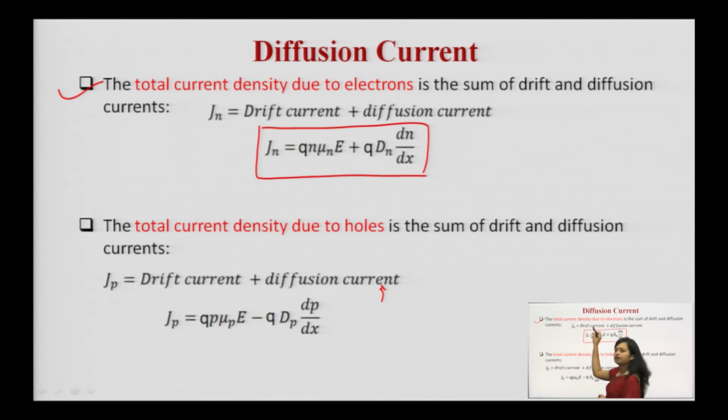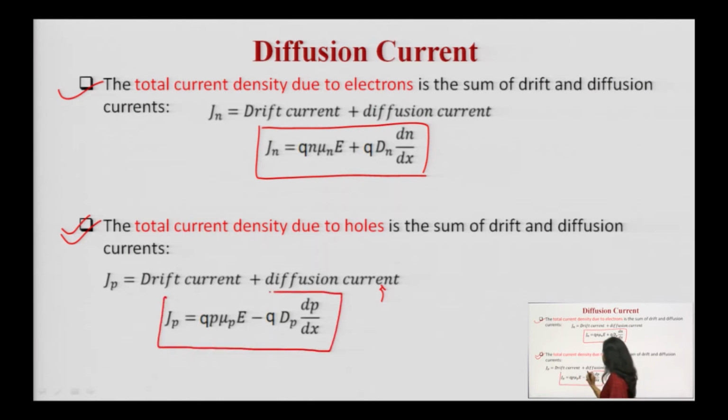The term for the drift current is Q into n into mu n into E. Q is the charge, n is the concentration of the electrons, mu n is the mobility of electrons, E is the applied electric field. Q is again the charge on the electron, Dn is the diffusion coefficient, and this is the concentration gradient. Accordingly, the total current density due to the holes, which is the sum of drift and diffusion, can be written as what?